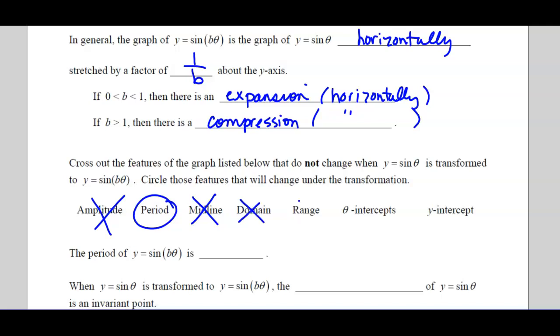Range is vertical, that's not going to change. For sure, these theta intercepts will change. They're going to move, right, because you've stretched them. And the y-intercept will not change, because the stretch is about the y-axis.